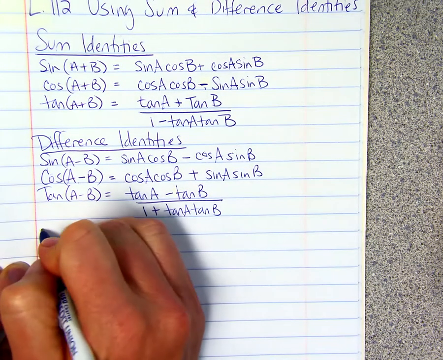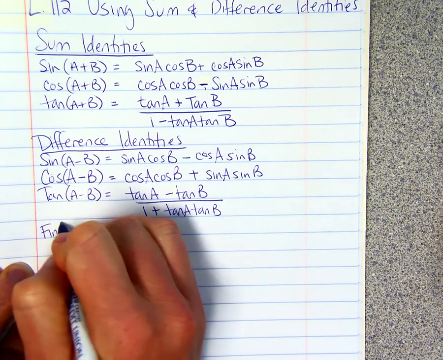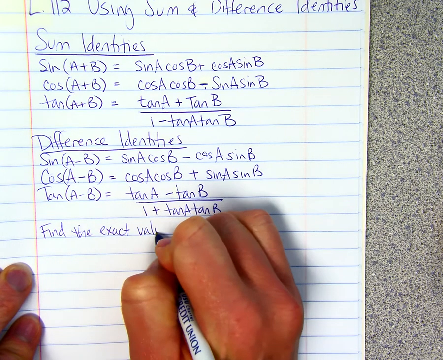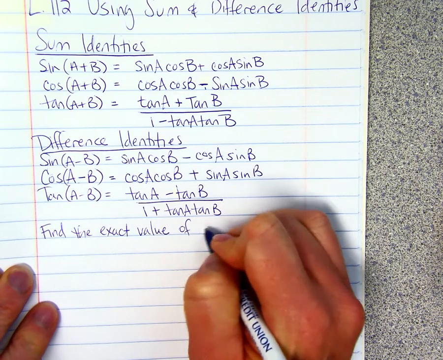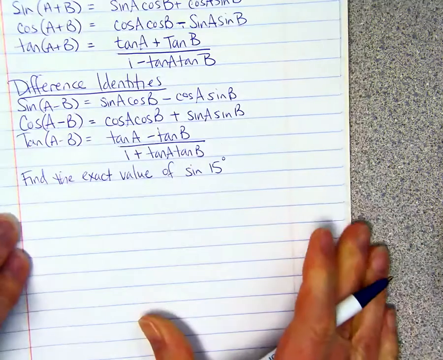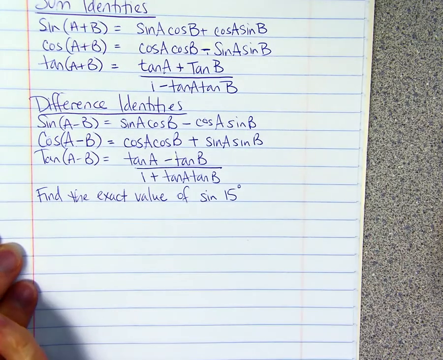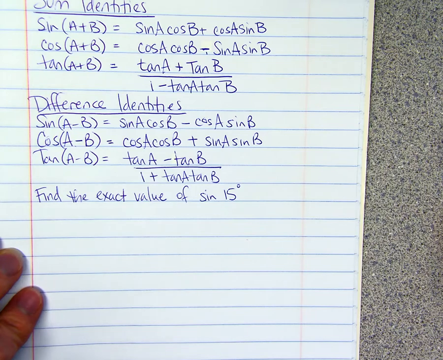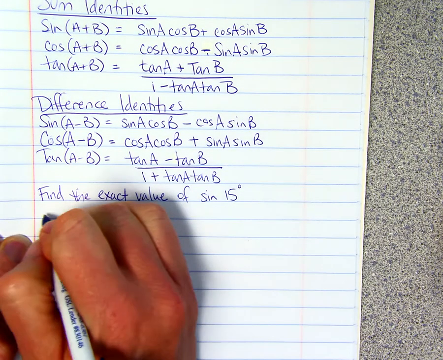For instance, find the exact value, which is not something you're going to plug into your calculator, of sine of 15 degrees. So what you want to do is find a degree measure that you already know the sine and cosine of. For instance, 45 and 30.